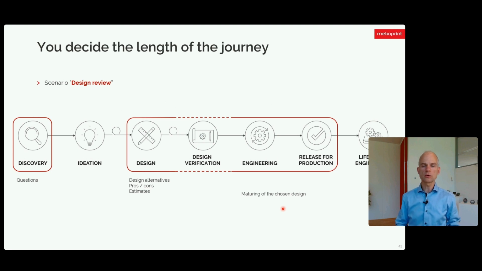But sometimes it can also happen, as shown here with the dotted line, that we take a step back and look at other design proposals and alternative designs, so you get a better decision base before you move forward.